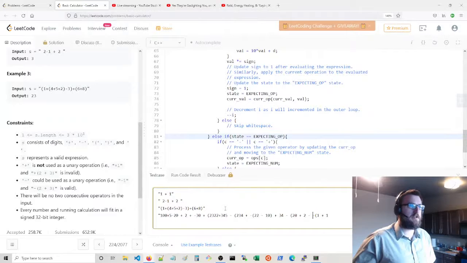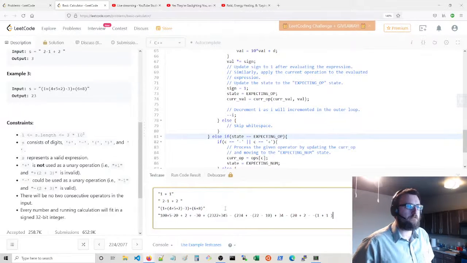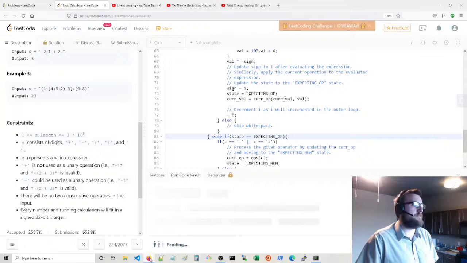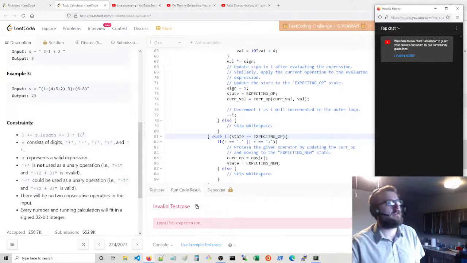We can do minus minus. Yeah, this, 2 3, 1 2 3 plus 100 minus 20. I don't know, something like this. Just some random sequence of things.